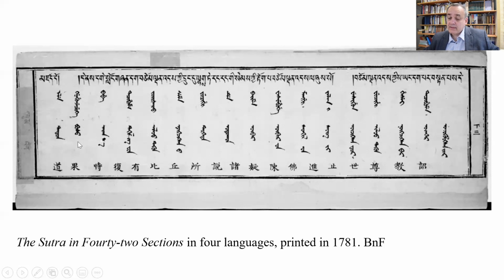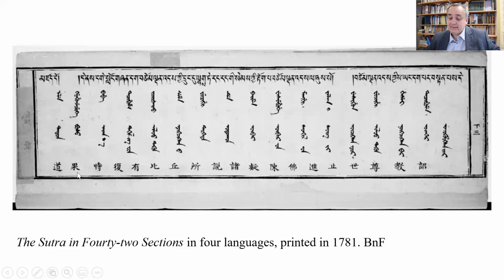And this is particularly interesting because the Manchu and the Mongolian are written vertically. So the Chinese does not necessarily have to follow this horizontal direction, but somehow it does. And in doing that, it's following the Tibetan text on the top. So basically these horizontal lines of the Tibetan and Chinese frame the other 2 languages.